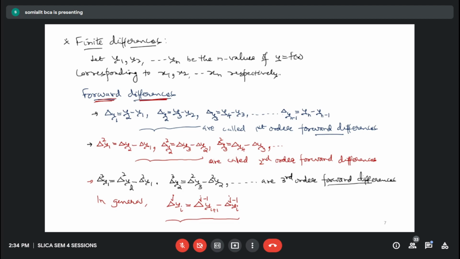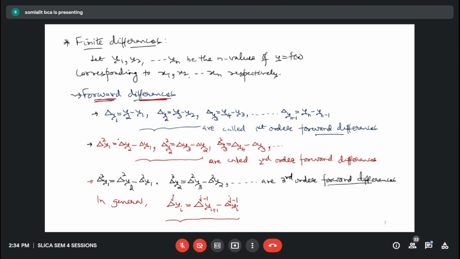So here we take the same differences, but the way of presenting is a little bit different. Difference is the definition itself. Let me write first. y2 minus y1, then y3 minus y2. The next one, that is y4 minus y3, and so on, and so on.